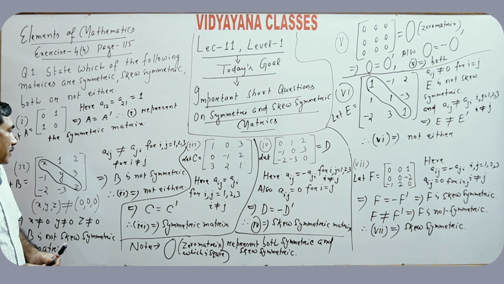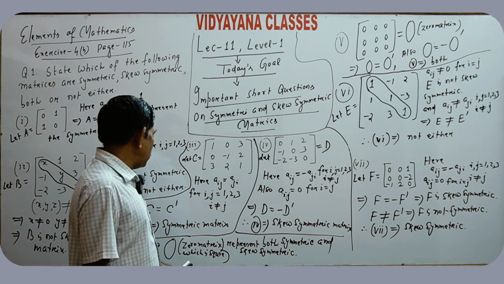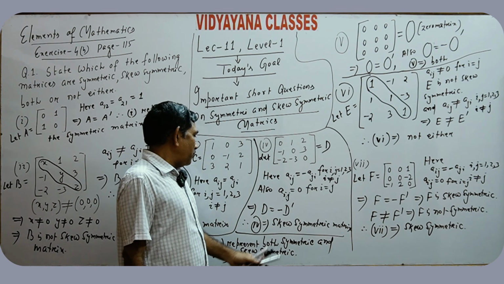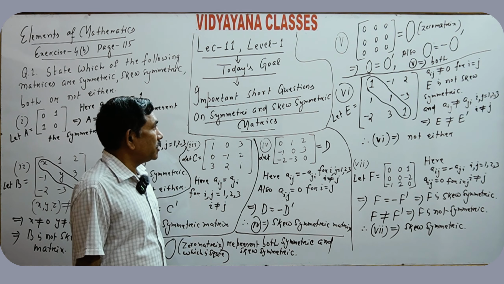Both are satisfied. So, it is both symmetric and skew symmetric. Note, the 0 matrix, which is square, represents both symmetry and skew symmetry.